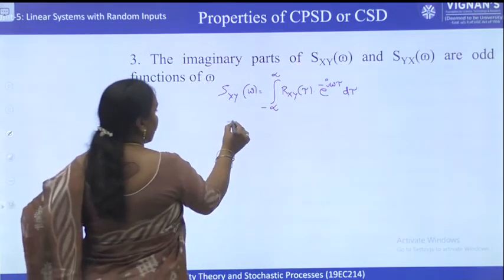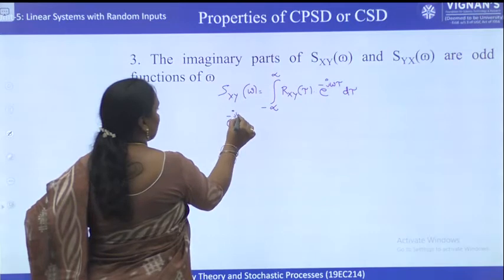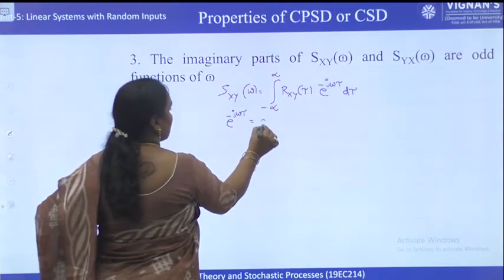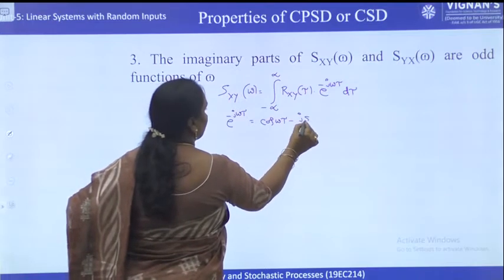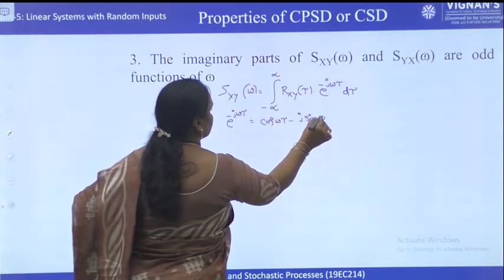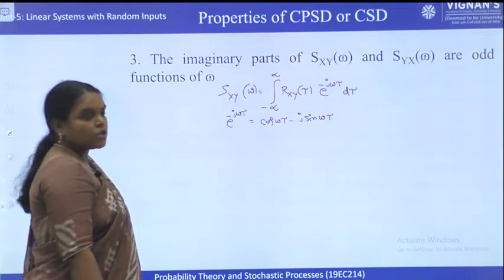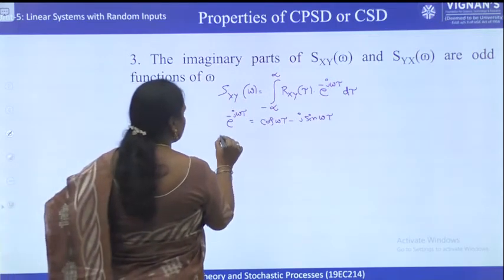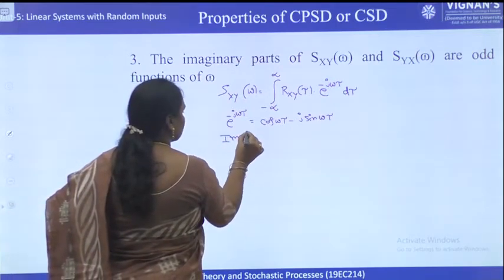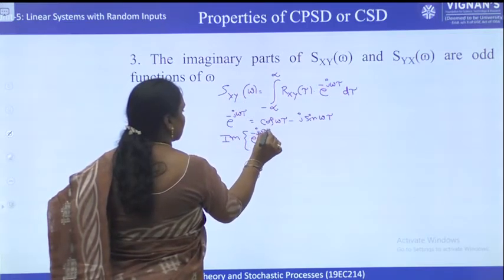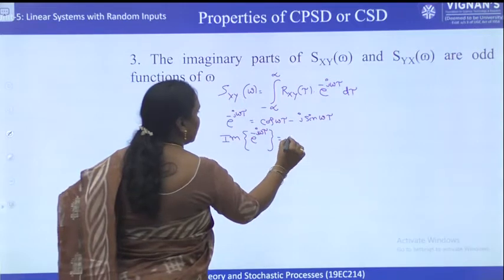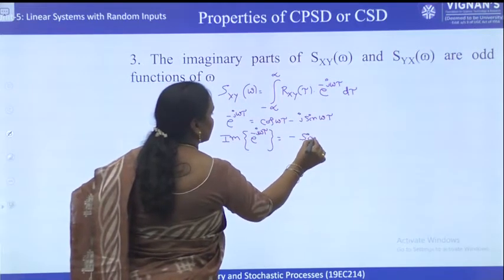And what is e power minus j omega tau? Just now we have seen it is cos omega tau minus j sin omega tau. So, what is the imaginary part of this? This is nothing but minus sin omega tau.